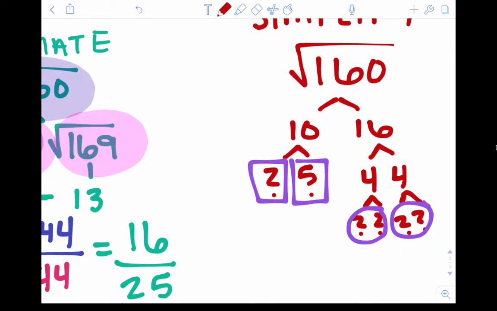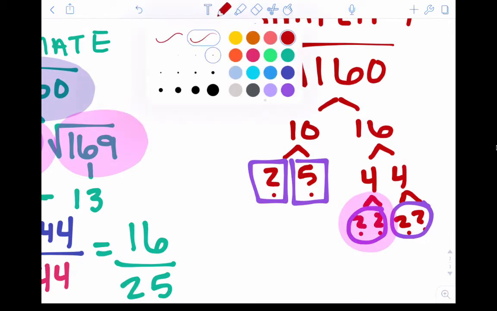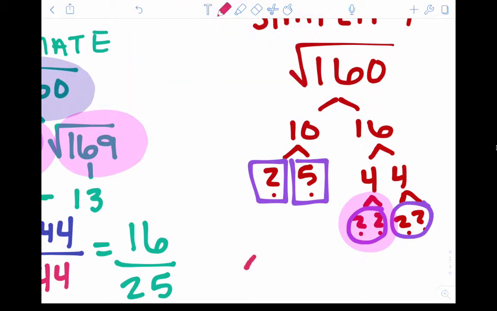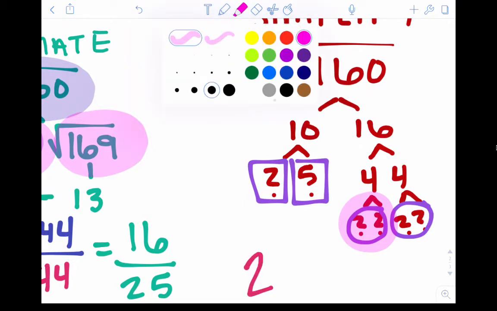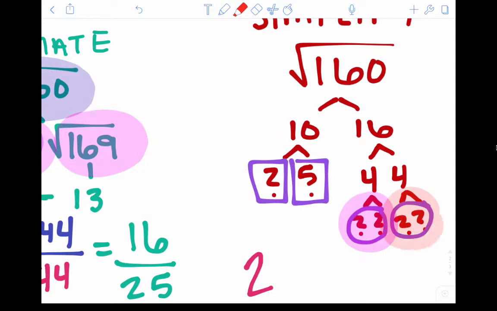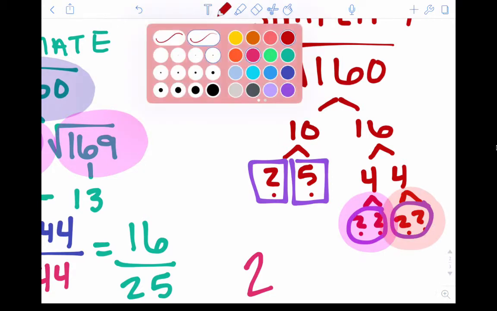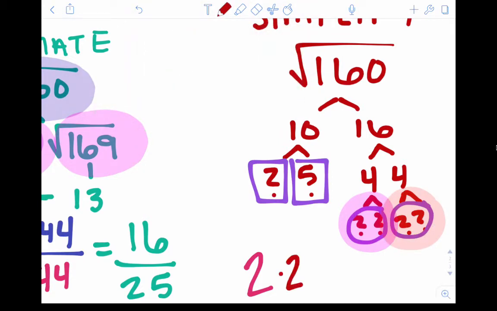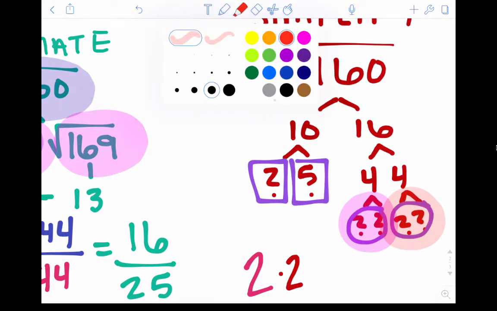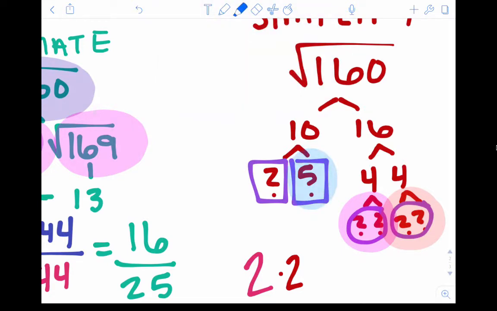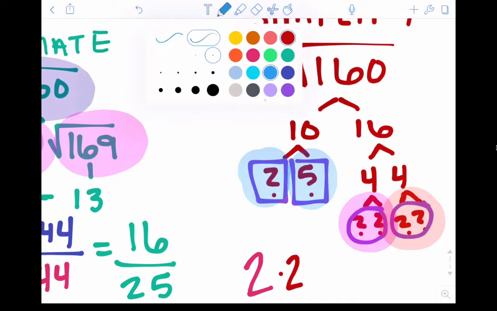So I'm going to take my first pair, and it's going to move outside of the square root. And then I'm going to take my second pair, and it's going to move outside of the square root. And then my singles are going to stay inside of the square root.